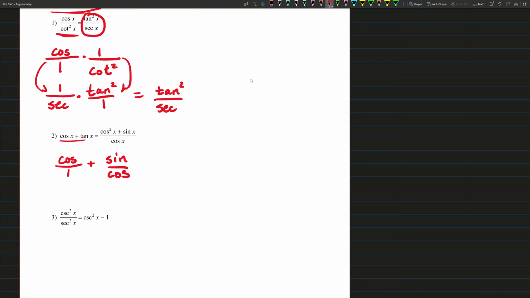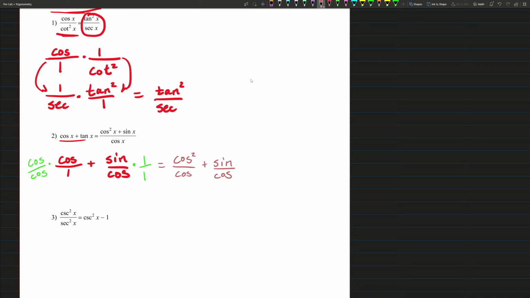In order to add these two fractions together, we would need a common denominator. So we would multiply this left-hand fraction by cosine over cosine, and this right-hand fraction by 1 over 1. And when we do that, we get cosine squared over cosine plus sine over cosine.